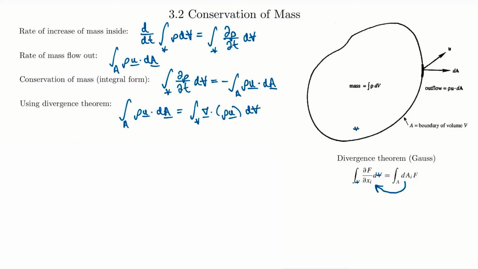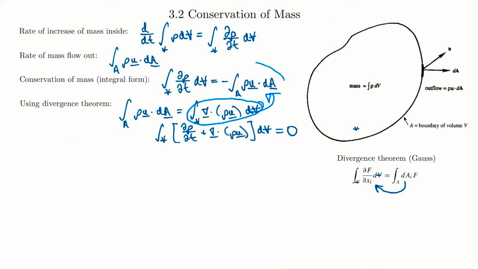And then I can sub that into the conservation of mass and rewrite it like this. I can reorganize it because they're all dVs now. So that was subbing this right into here for this equation.